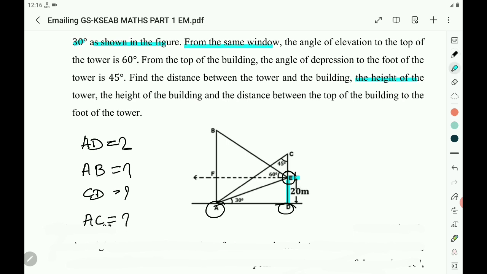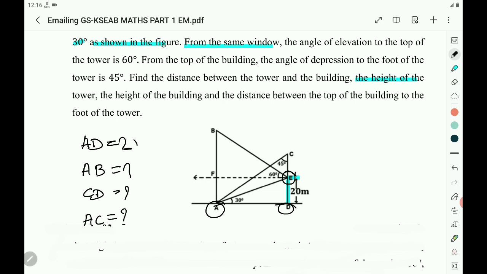We have to find out AD, that is the distance between the tower and the building, and AB, the height of the tower. CD is the height of the building. And AC is the distance between the top of the building and foot of the tower. In this way, 4 things we have to find out.